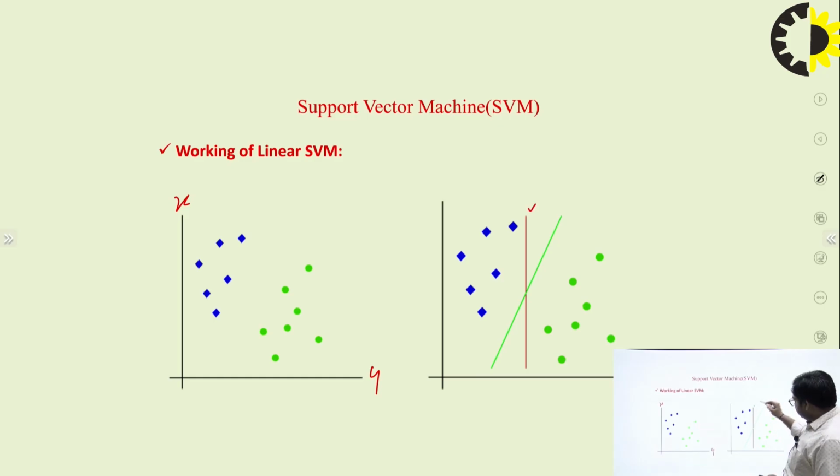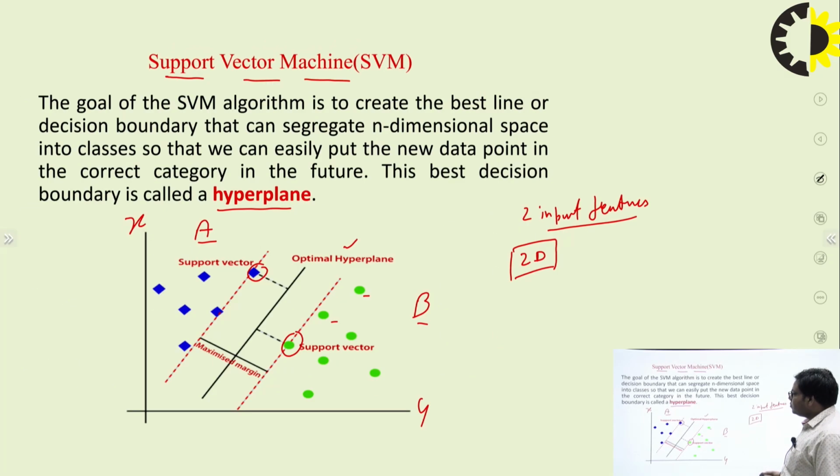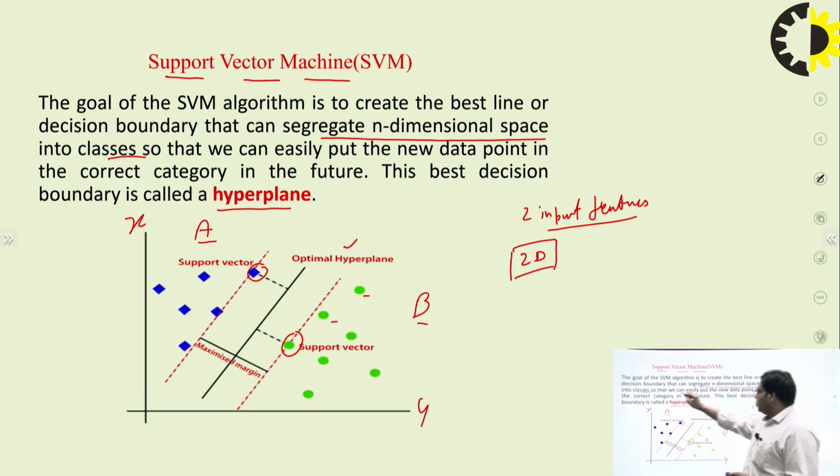This could be like this, and the other could be like this. So there are various possible lines. Now the question is, which line must be selected as the hyperplane, or the decision plane. It will segregate the n-dimensional space into classes so that a new data point can be placed into the correct class.